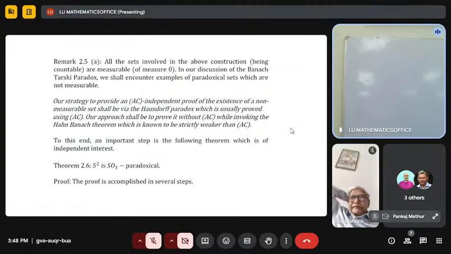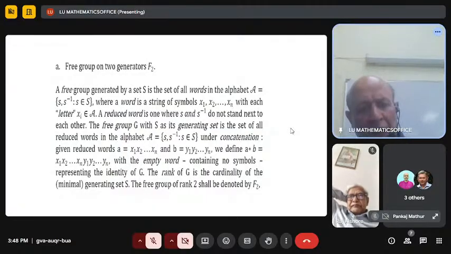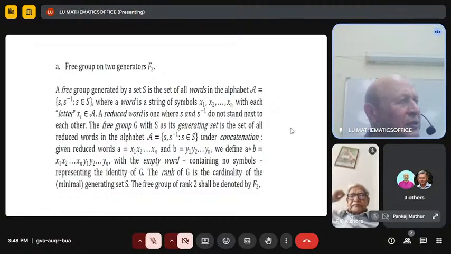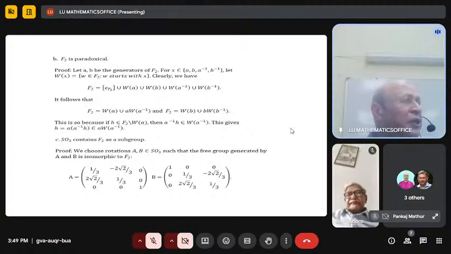And it is this that will be seen later through a whole lot of steps to lead to the existence of a non-measurable set. So we need free groups on 2 generators, right? Whatever that means, not the time here to talk about. This free group on 2 generators turns out to be paradoxical in the same sense in which I have described it. You can break it into certain parts. You can take a partition, mathematically speaking. This F2 is paradoxical with respect to its own action, F2 acting on itself by multiplication, right?